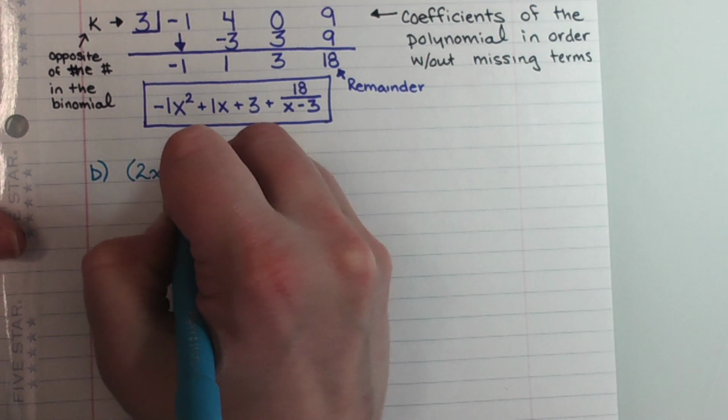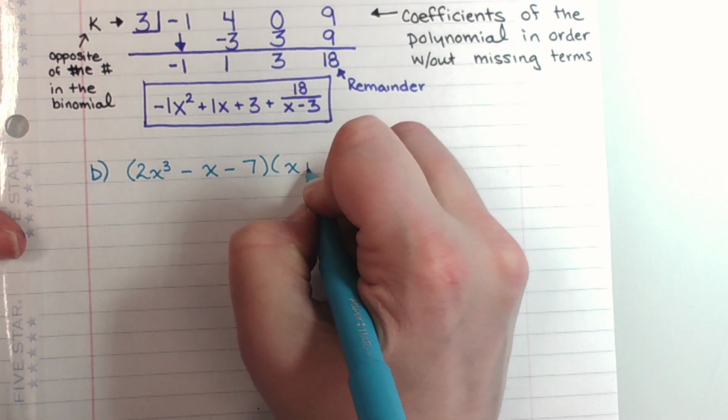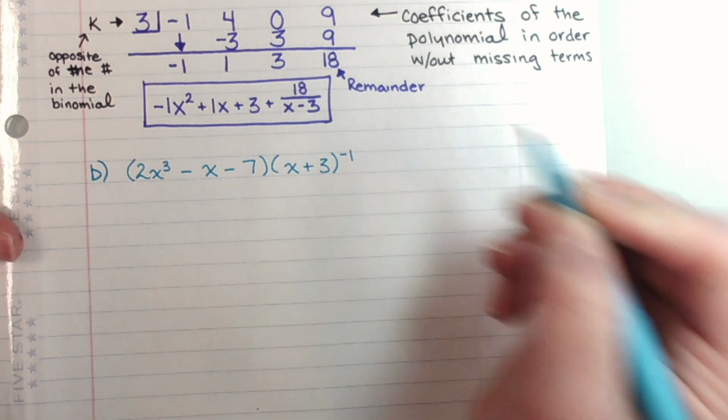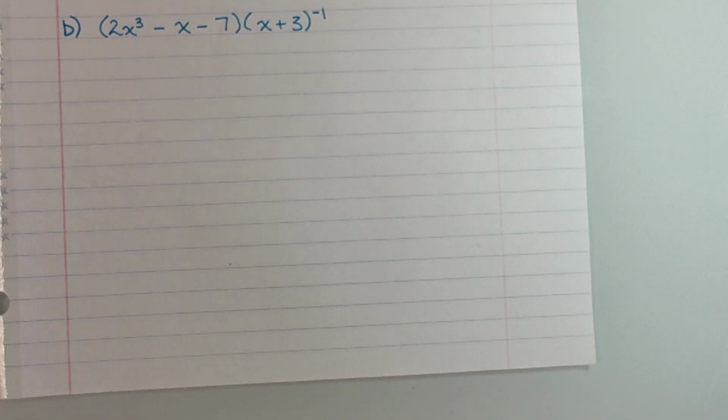2x cubed minus x minus 7 getting multiplied by x plus 3, which is to the power of negative 1. Is this actually multiplying? No. Why not?